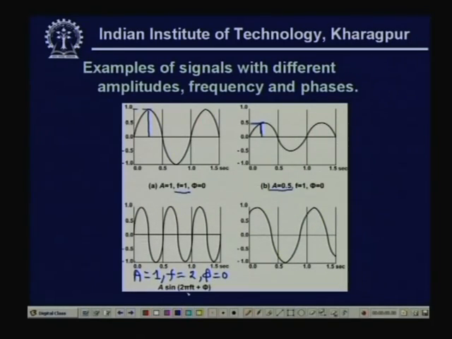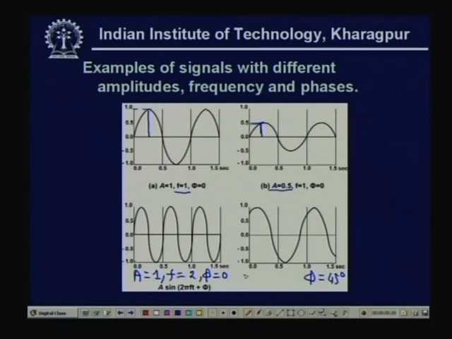Now, in this diagram we have phase. As you can see, everything is the same with respect to this except phase. It is not starting with 0, that means 0 volt is not at the 0 point, and there is a phase shift of about 45 degree, and phase is expressed in terms of degree or radian, as we shall see.